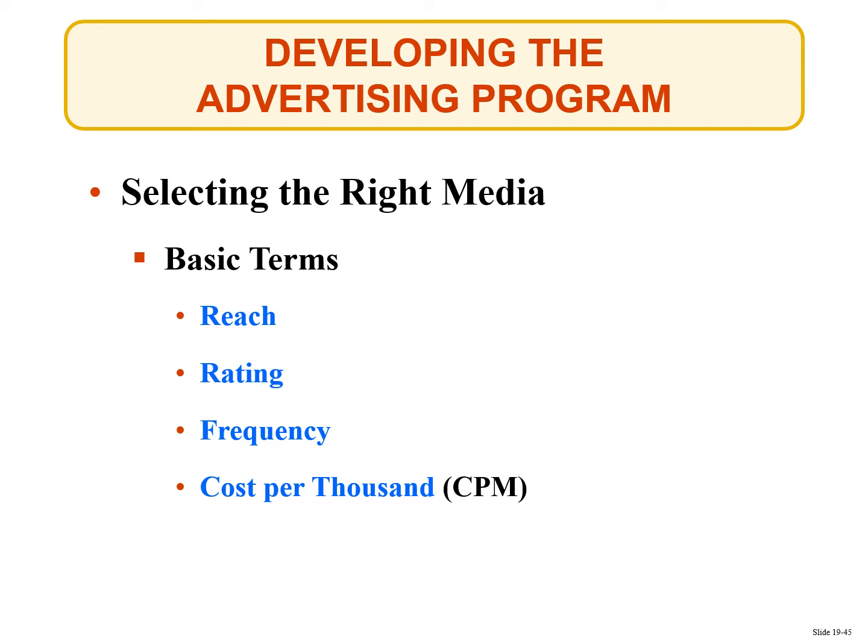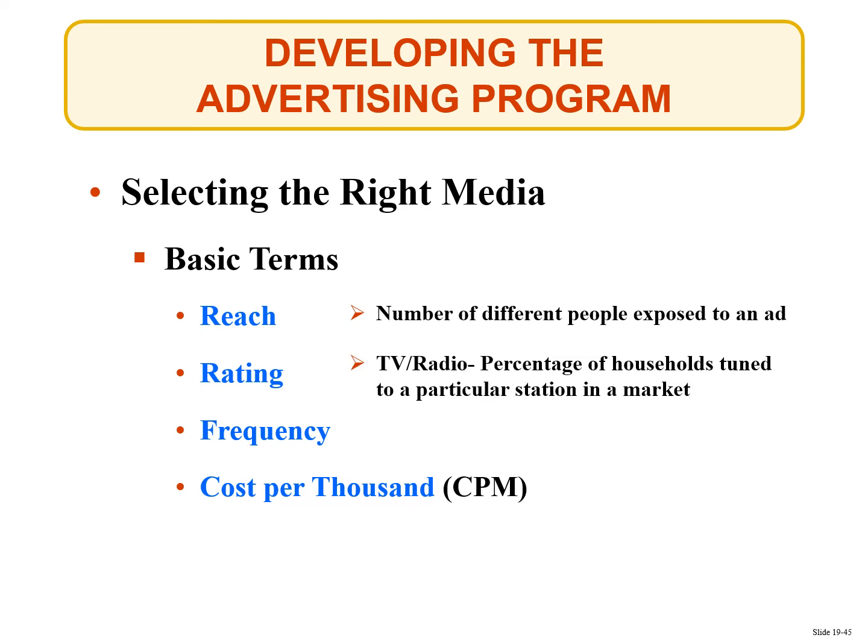Some basic terms that you should know when we're talking about media, these are the terms that are commonly used. Reach is the number of different people that are exposed to an advertisement. Rating is used for television or radio. This is the percentage of households tuned to a particular station in a market.